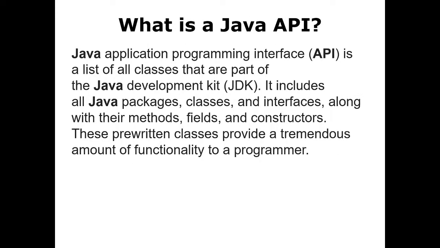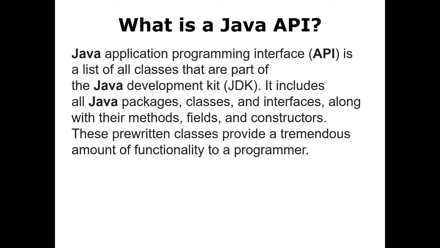And yes, just a short summary of what the Java API is. Again, as I said, it's the Java application programming interface that is used for all the classes, and as a part of the Java development kit, it includes all Java packages, classes, and interfaces, along with their methods, fields, and constructors.